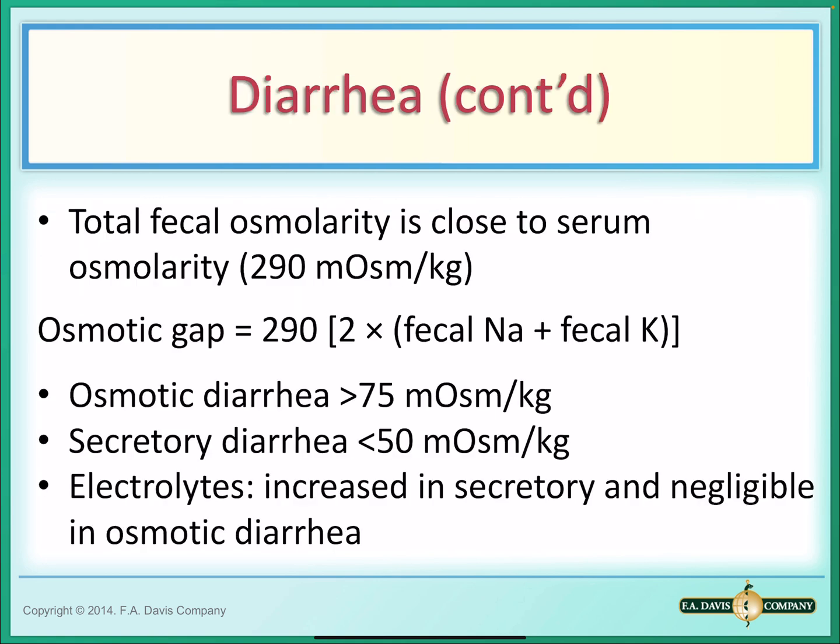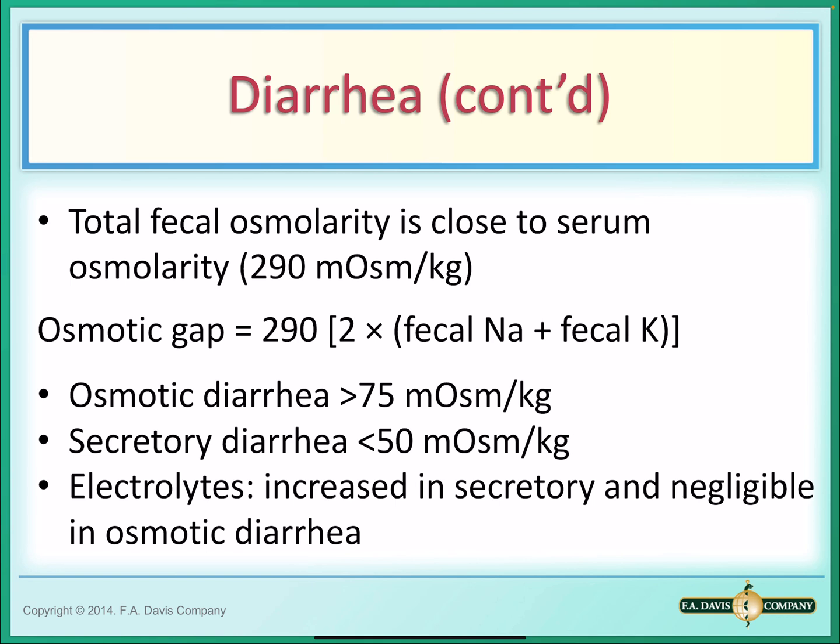And here is a slide that shows you the fecal osmotic gap. Again, the fecal osmolarity is close to the serum osmolarity, which should be about 290 milliosmoles per kilogram.